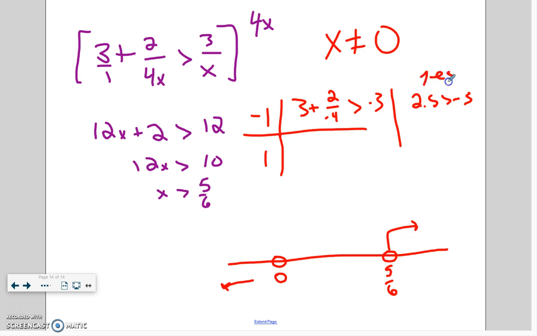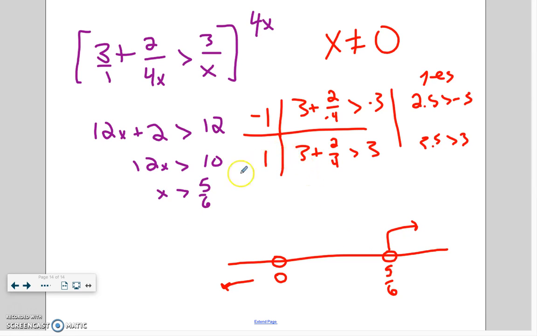Therefore, you say yes. When we plug 1 in here, we get 3 plus 2 over 4 is greater than 3. So 3 plus 1/2 is 3.5. Is 3.5 greater than 3?